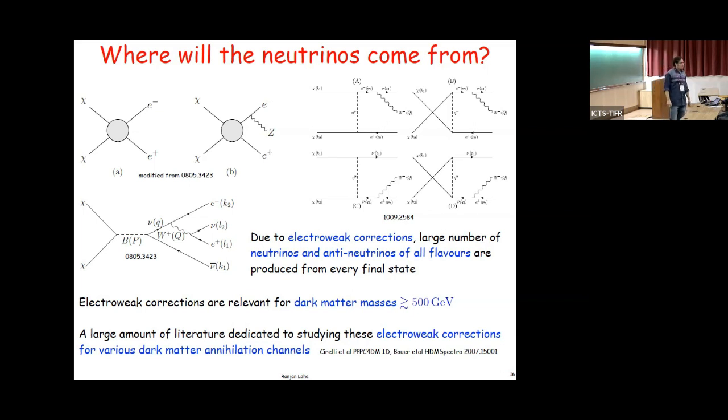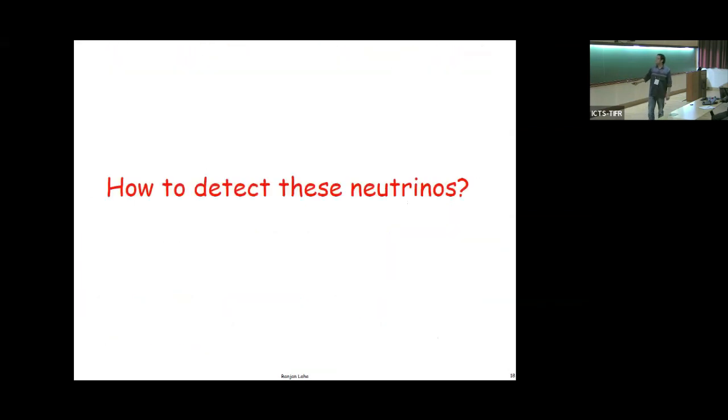So this diagram in this direction, chi e goes to chi e, that is suppressed. Why? Because the center of mass energy is extremely small. Here it works because the dark matter mass enters the center of mass energy, which actually helps you. In this direction, the center of mass energy is suppressed.